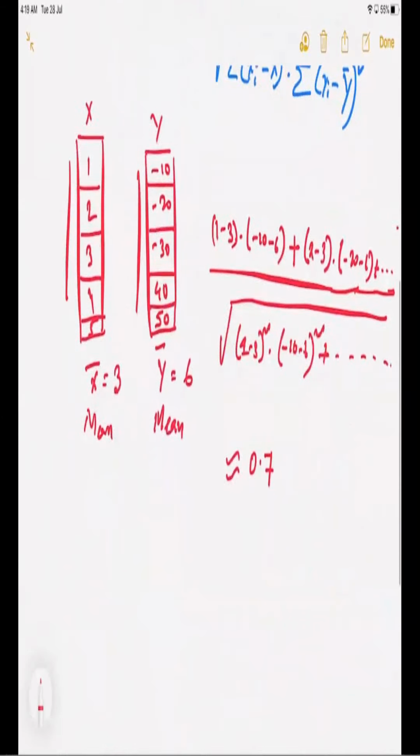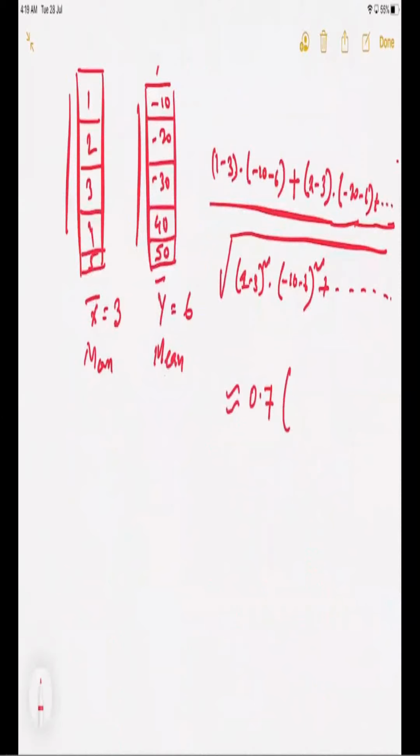Coming back to this situation, we are assuming that the value is 0.7. That means here we can conclude, or we can infer there is a positive correlation. So this is how the situation should actually move forward.